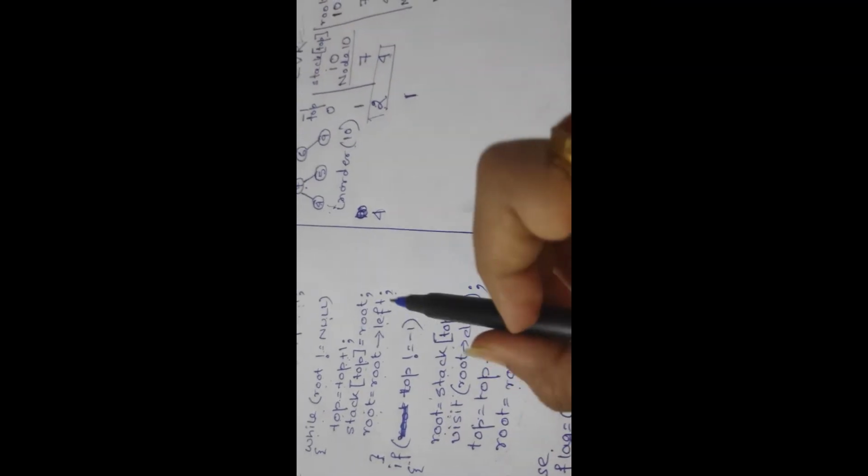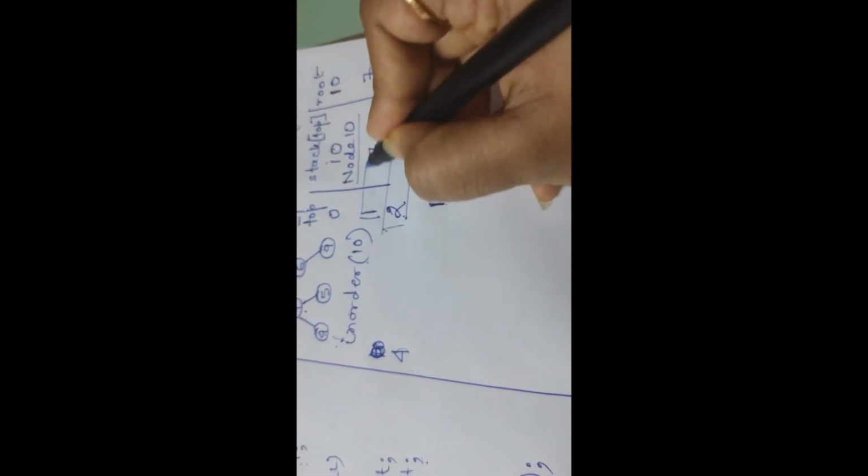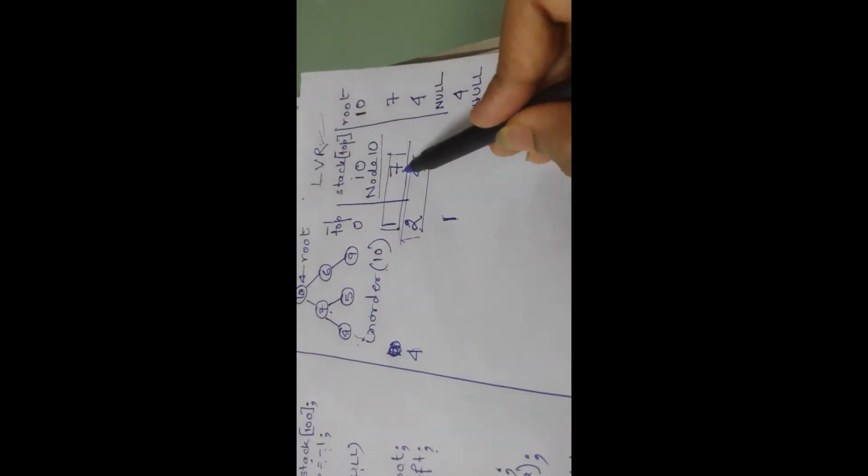Root is equals to stack top. So again stack top is assigned to the root. Now which is the current stack top? Current stack top is this one, because top value is 1 and stack top has the node 7. So when the statement is executed, root is equals to stack top, so the root value becomes node 7, right?